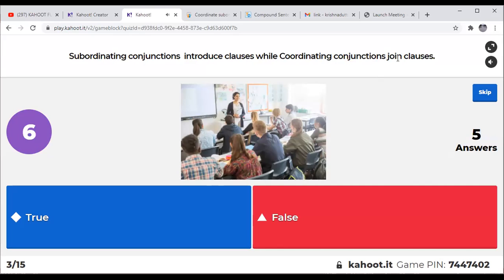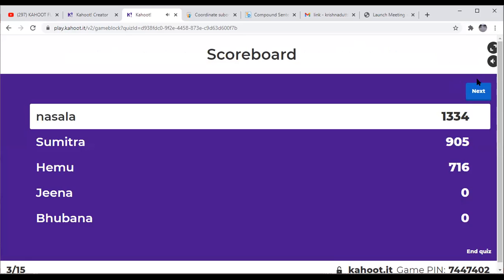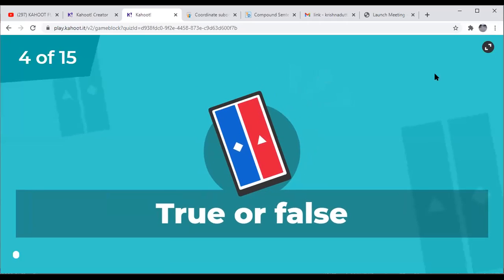There is a question. It's on the top. Subordinating conjunctions introduce clauses while coordinating conjunctions join clauses. Krishnaji, better read your question because some of your friends are confused. Okay, sir. Thank you, sir. Nasla ji. Okay.